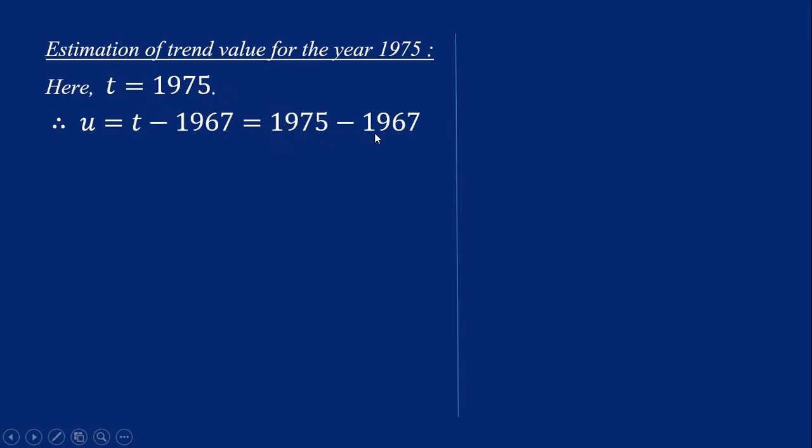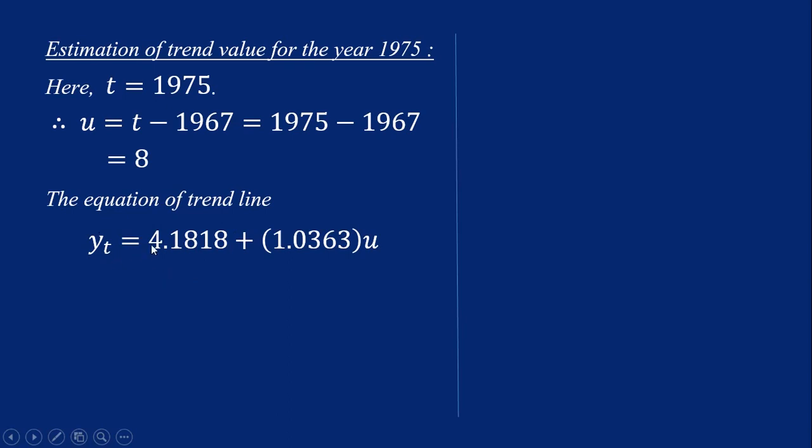So 1975 minus 1967, we get 8. So u is equal to 8. We only have to substitute this value u is equal to 8 in the equation of the trend line. The equation of the trend line is yt is equal to 4.1818 plus 1.0363 into u. In place of u, we substitute 8. So we get this yt, that is production for the year 1975.